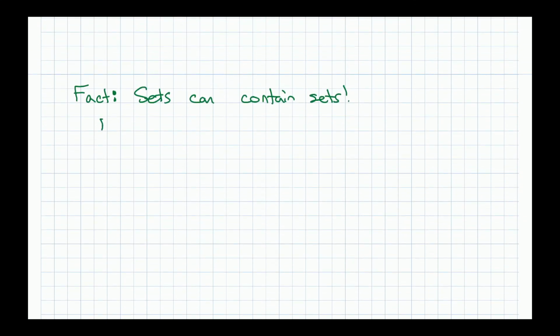So here's an example. If I write this set of, and then I list some sets, I can go Z, R, Q. What can we say about that set?